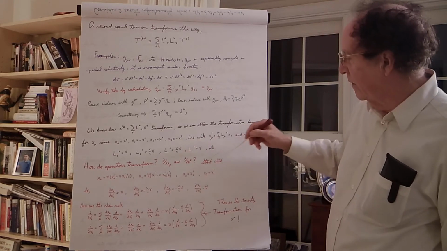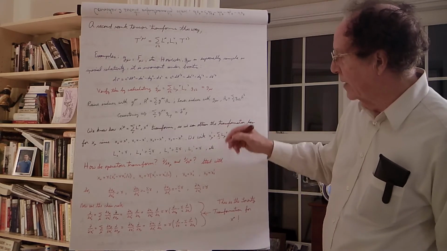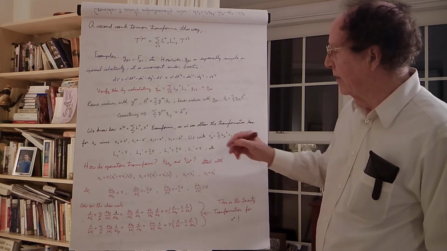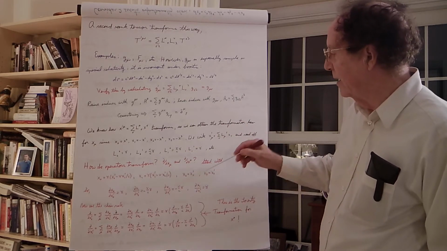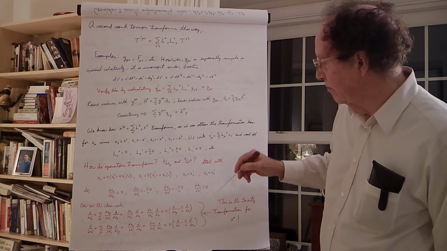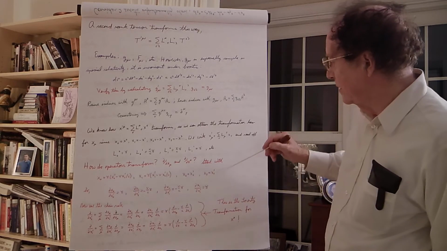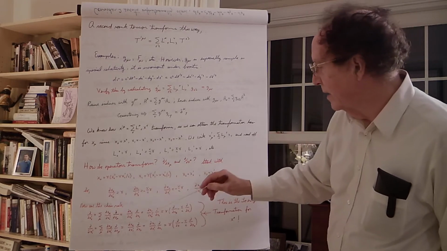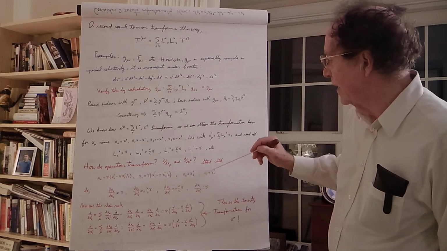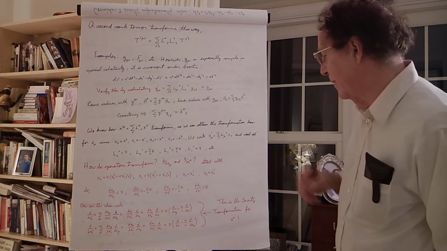I pull off my exercise of writing down the Lorentz transformation explicitly and getting the partial derivatives and plugging them in here. You see, I get this one here, which is just gamma. I get this one here, which is minus v over c gamma, and I plug them in.